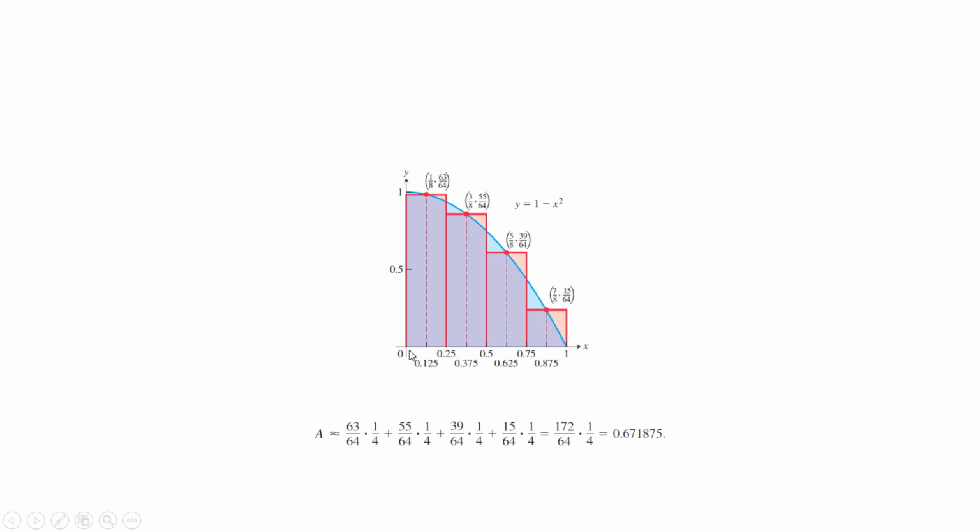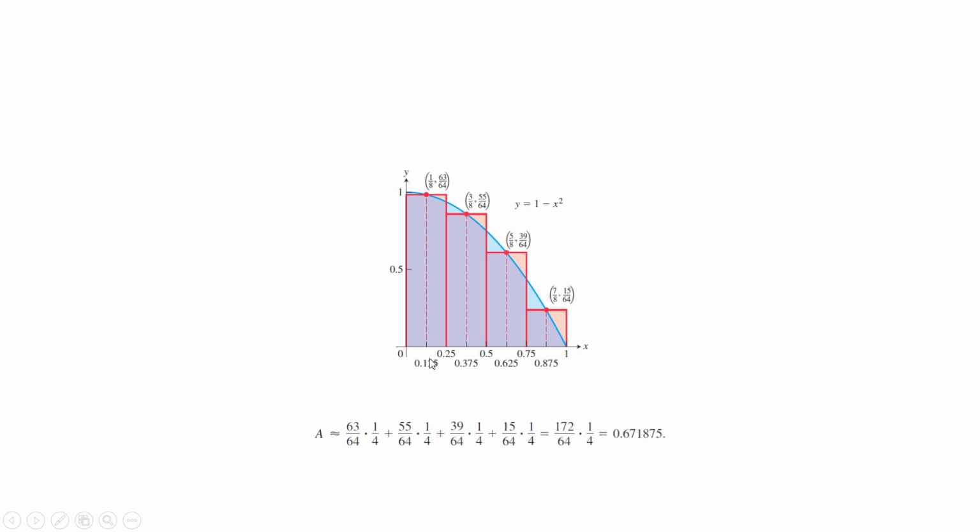First of all, in order to determine the height of the rectangle, we have to find the midpoint of the interval, that is 0.125, and we can evaluate this by adding 0.25 and 0 and then dividing by 2. So 0.25 plus 0 divided by 2 is 0.125. So the midpoint of this interval is 0.125.